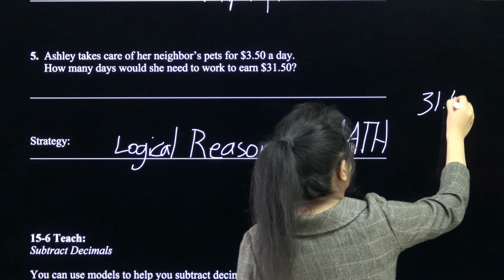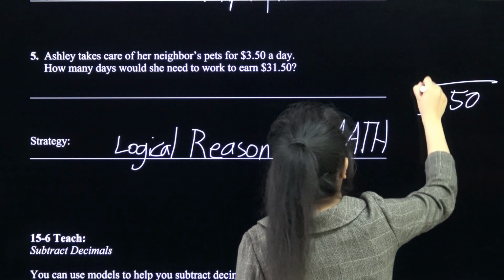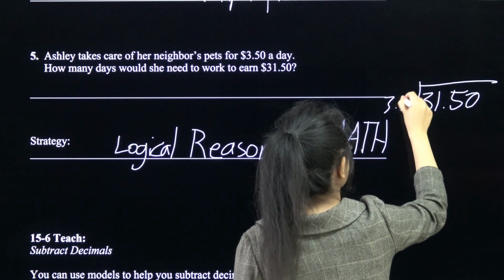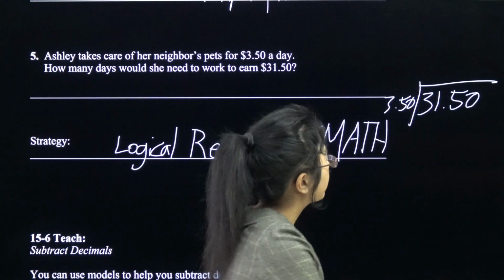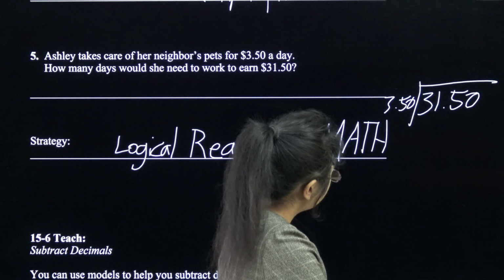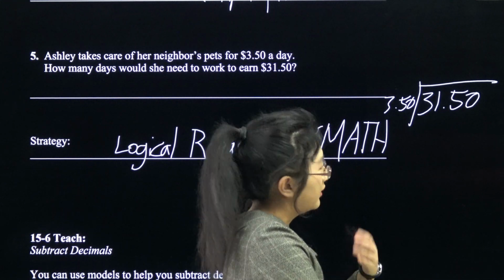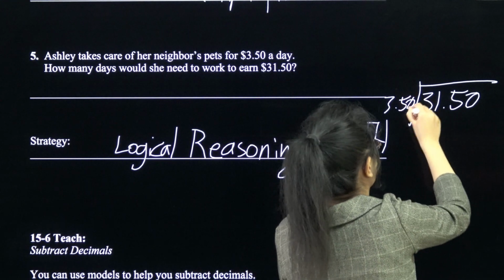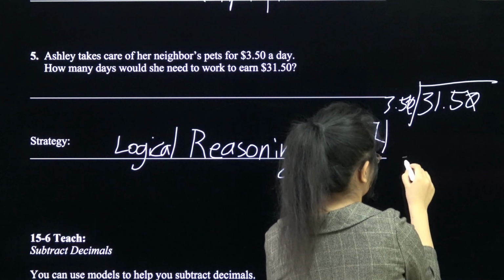So what's 31.50 divided by 3.50? Well, we're gonna take the 0 off to make it shorter.